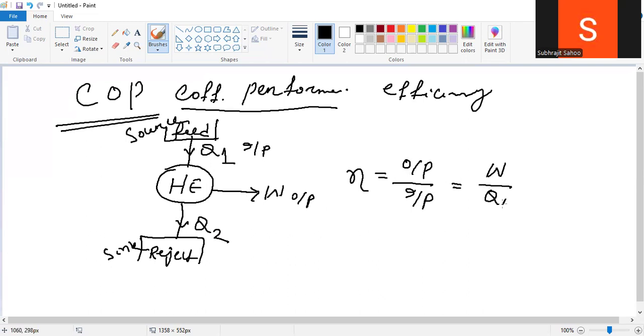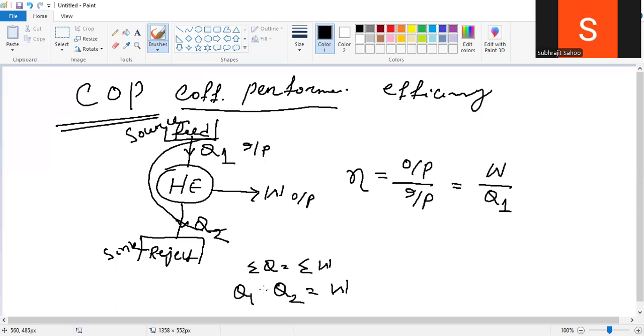Input is Q1. If I simplify this one, I have to use the first law of thermodynamics. What is the first law? Net heat transfer equal to net work transfer. Q1 is one heat transfer and Q2 is also one heat transfer, and on this side only W is there.